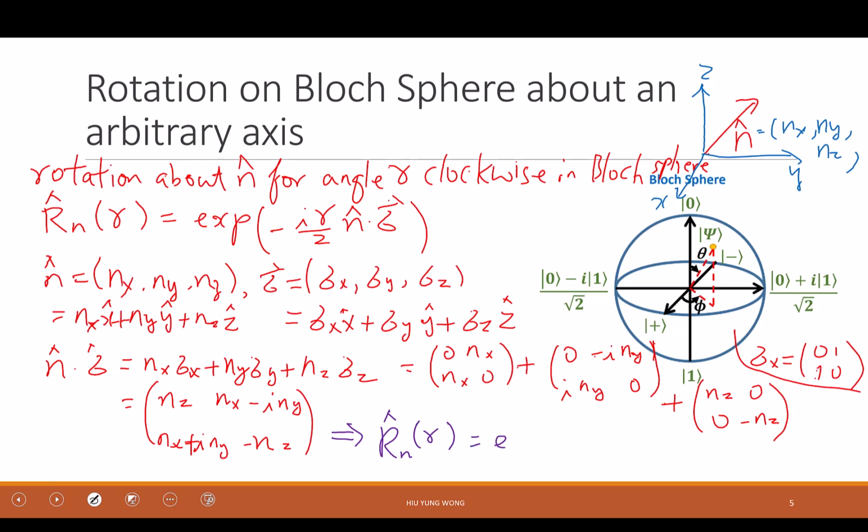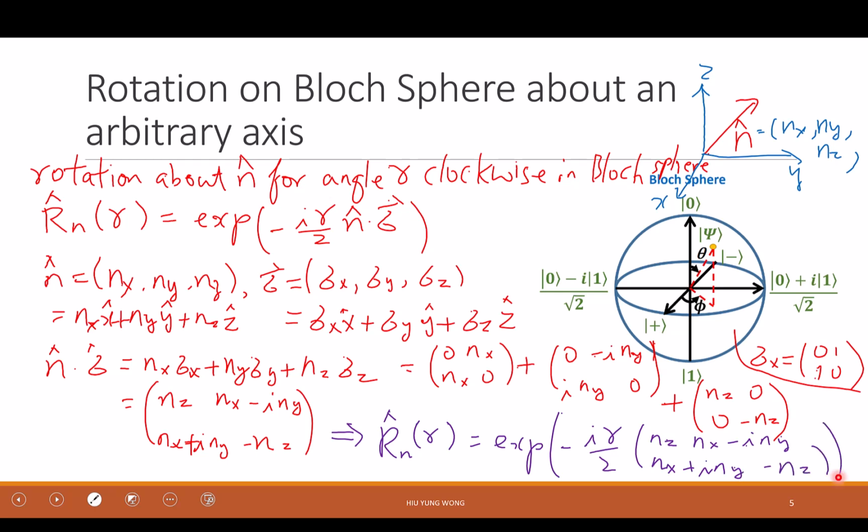It equals exponential of negative i gamma divided by 2 times the matrix nz, nx minus i ny, nx plus i ny, negative nz.